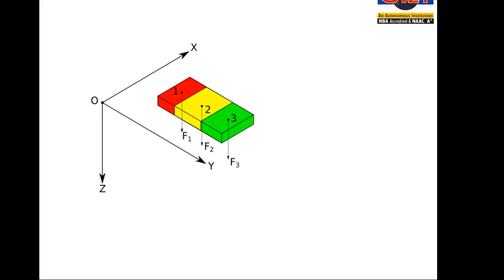So these 3 forces constitute a parallel system of force, and from the previous lecture we know the resultant of these 3 forces passes through a point which is known as center of gravity.